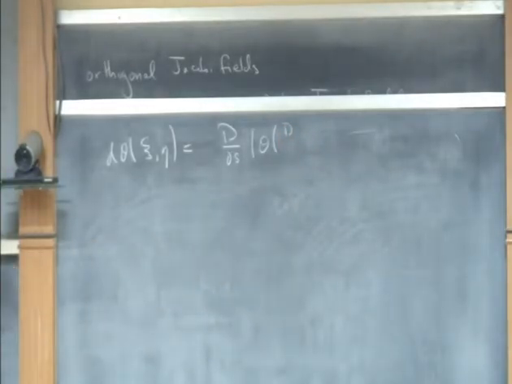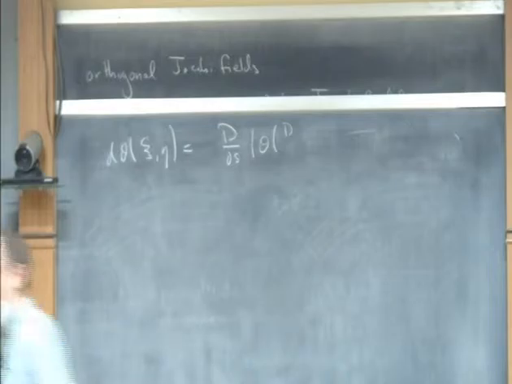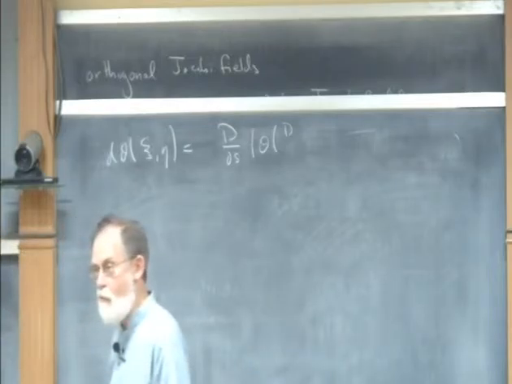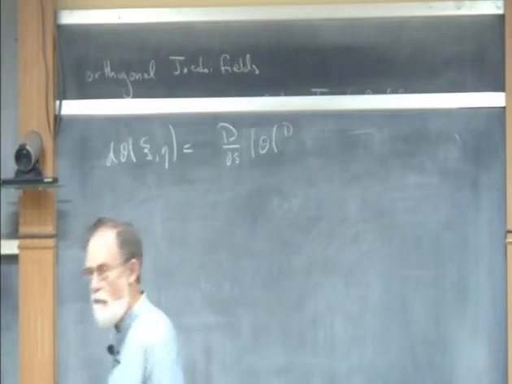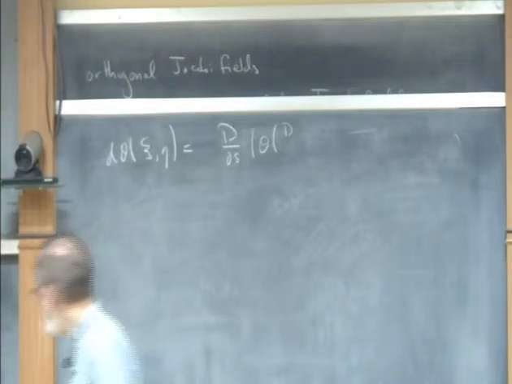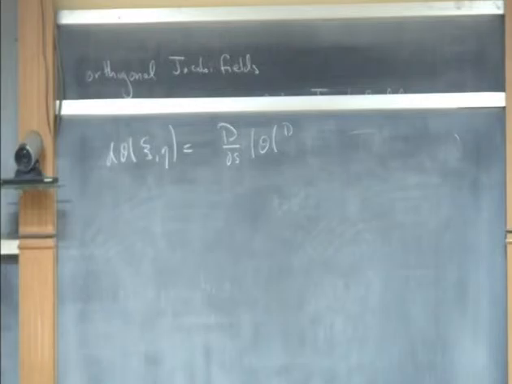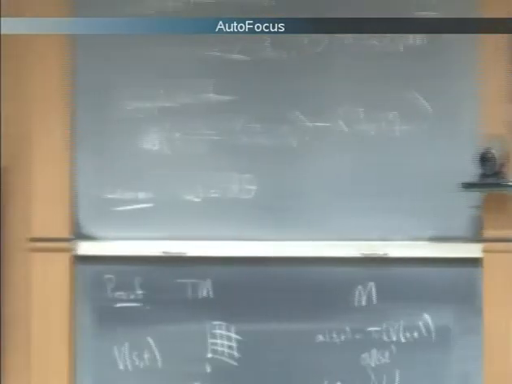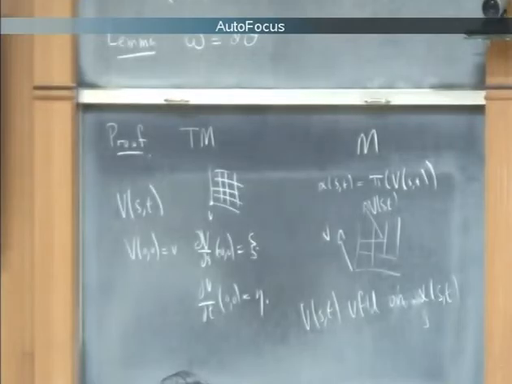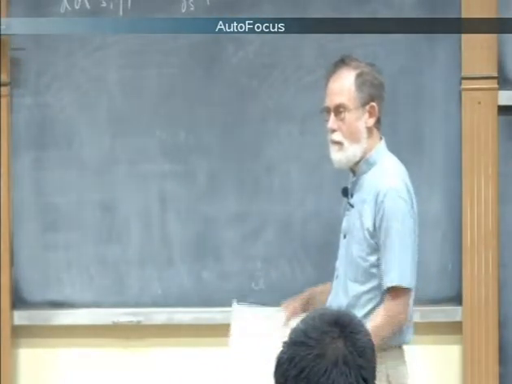So v of s,t is a vector field. I could say we have vector fields along curves. So I don't know whether you have them along surfaces. Maybe I could say on alpha of s,t. And so when I differentiate, I'm going to use covariant derivatives along curves in this surface.